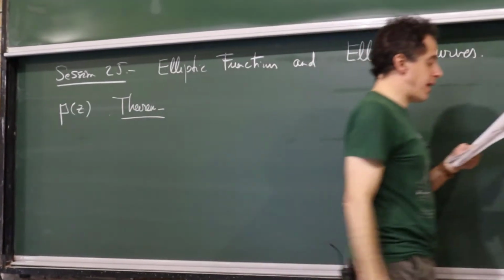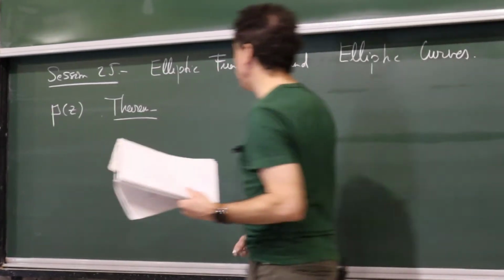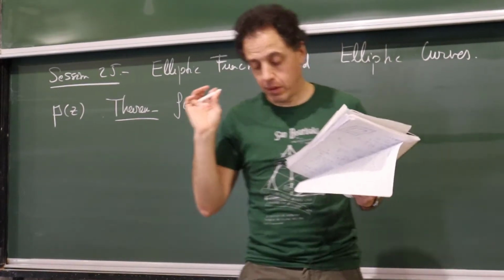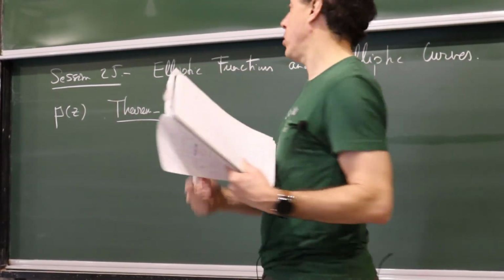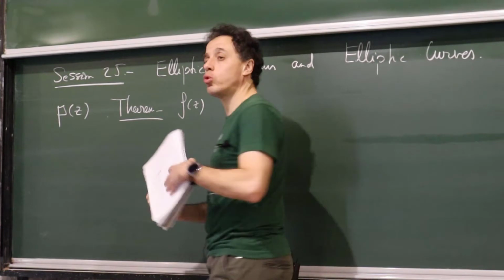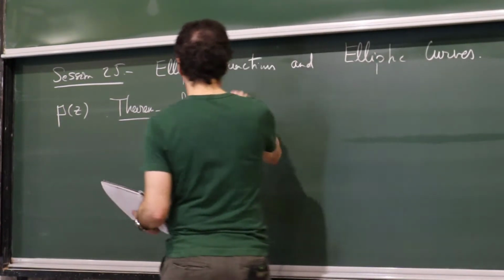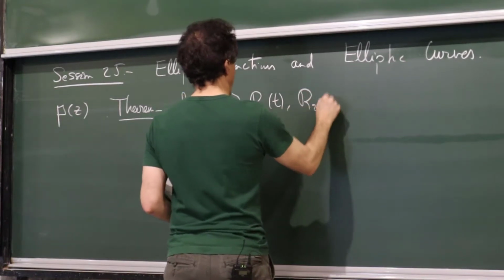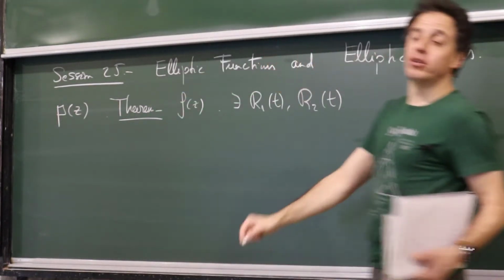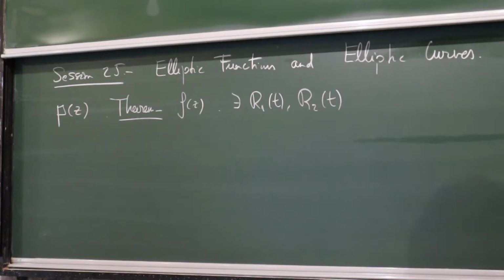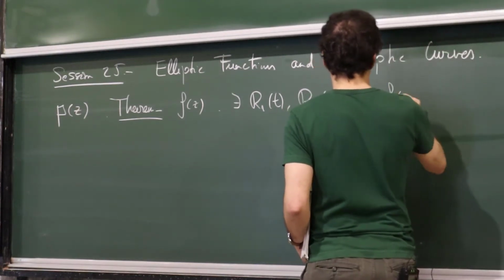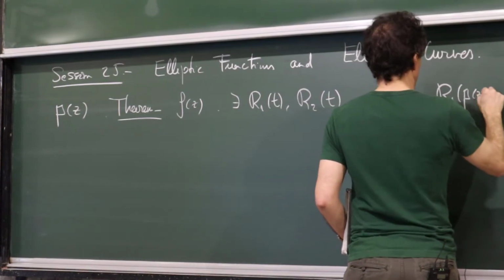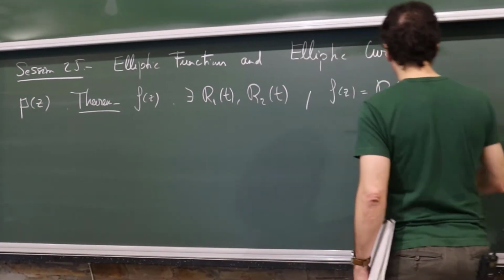Assume you have another elliptic function f of z with the same lattice of periods. Then there exists a couple of rational functions R1, R2, such that f of z is R1 of p of z plus p prime of z times R2 of p of z.